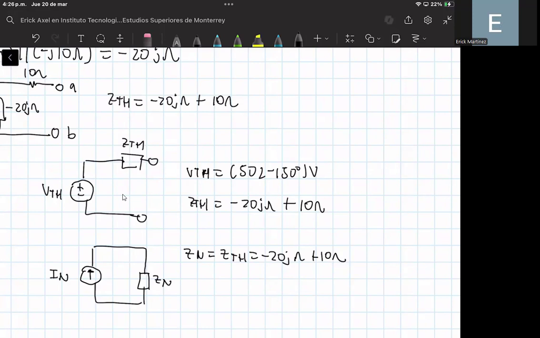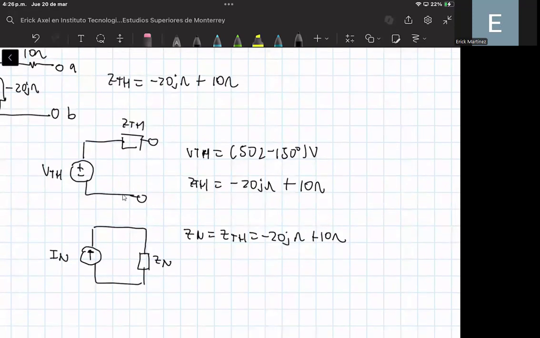And the Norton current source is equal to the Thevenin voltage divided by the Norton impedance. So the Thevenin voltage is 50 with an angle of minus 150 degrees volts. And this is divided by the Thevenin impedance or the Norton impedance, that is 10 ohms minus 20 J ohms.